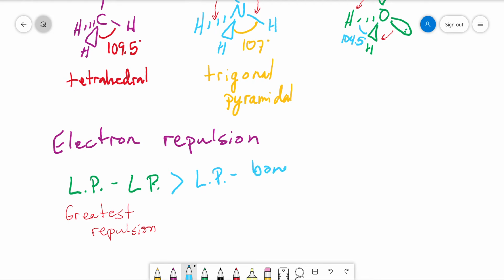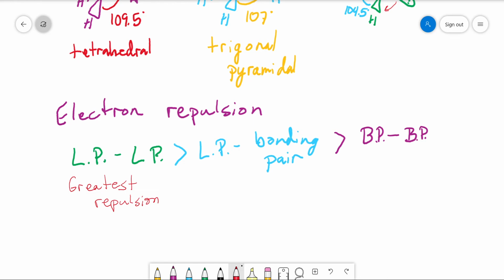Bonding pairs don't take up quite as much space as the lone pairs. And a little bit less than that would be bonding pair-bonding pair. The repulsion between those is the least. So we just write that down here.